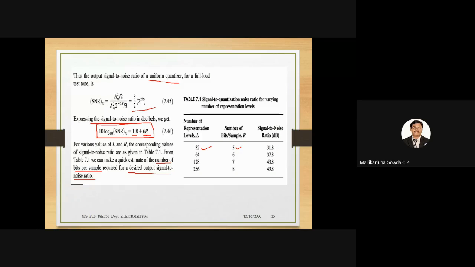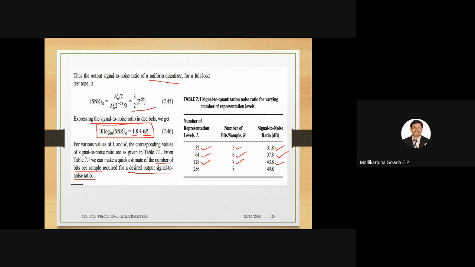Hope getting my point? Yes, sir. Then when the value of R is 6, 6 into 6 is 36, 36 plus 1.8 is 37.8, and 2 power 6 is 64. When R is 7, 6 into 7 is 42, 42 plus 1.8 is 43.8 dB, and 2 power 7 is 128 quantization levels.